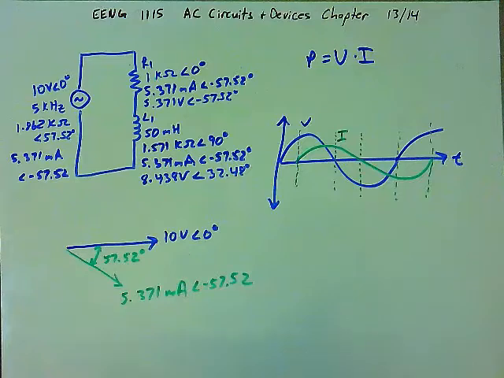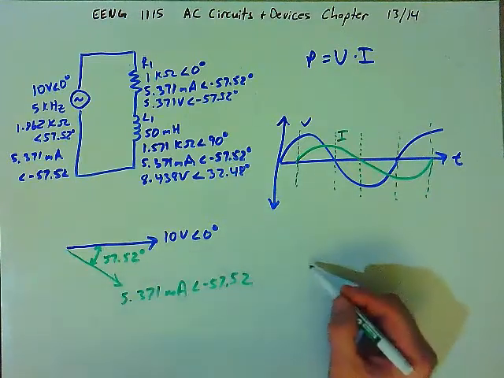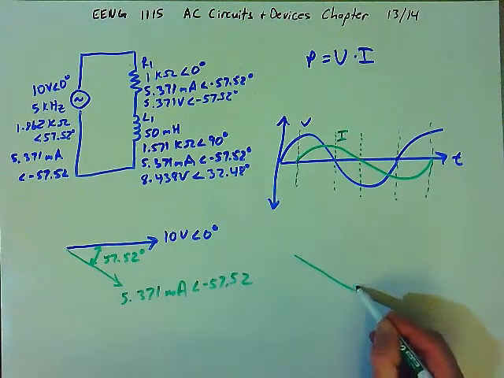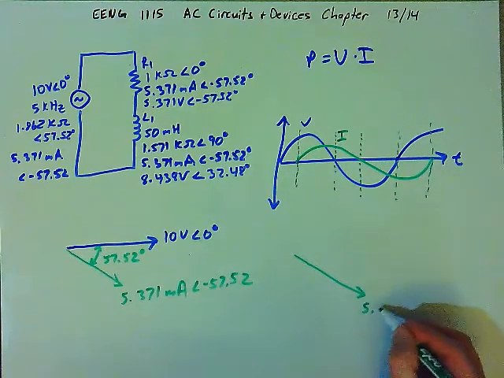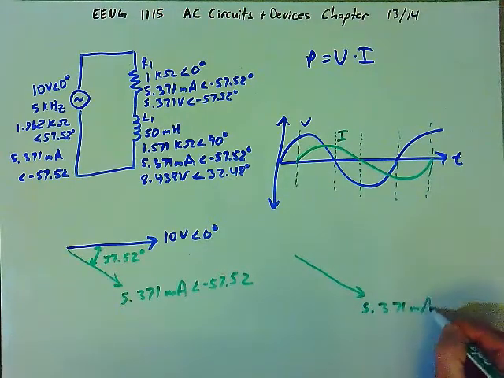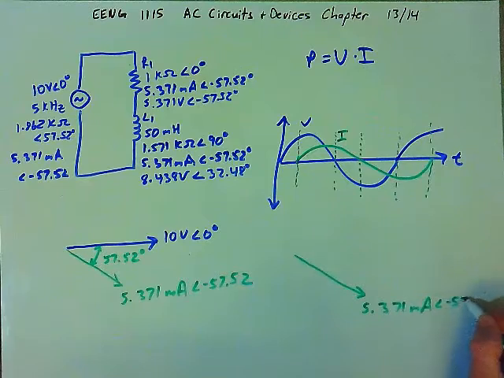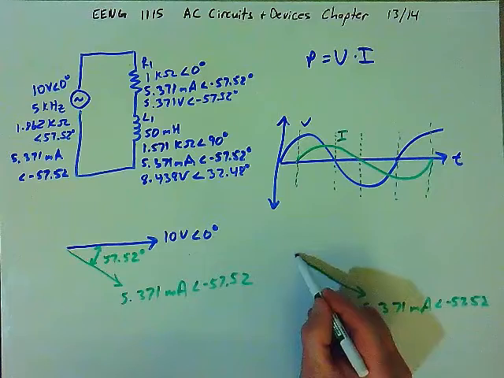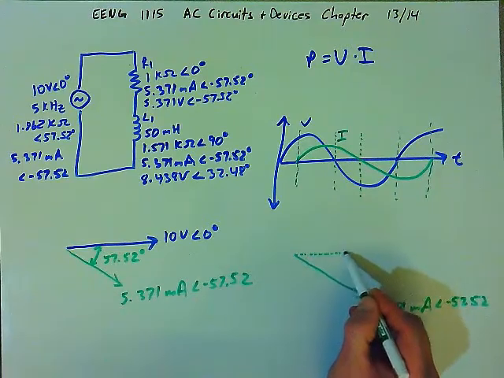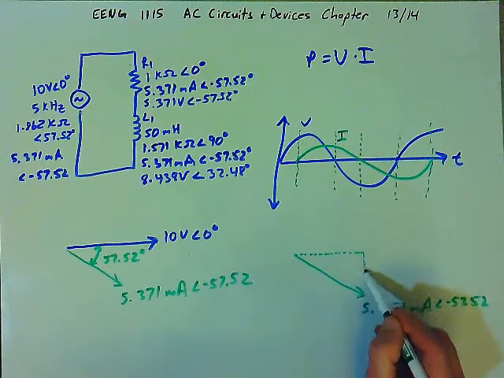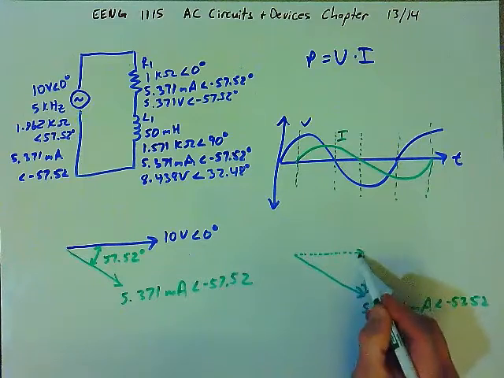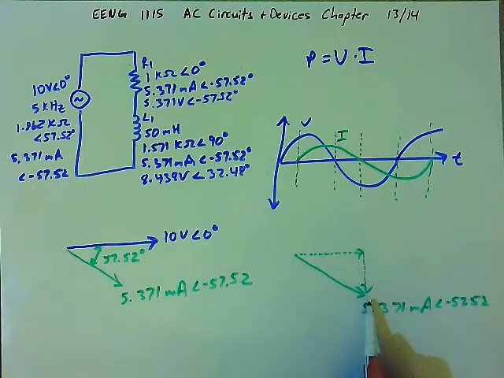And so if we look at just the current vector, and again it's 5.371 milliamps at negative 57.52 degrees, the current vector has two components. If we look at the vector in xy form, we have an x component and a y component.